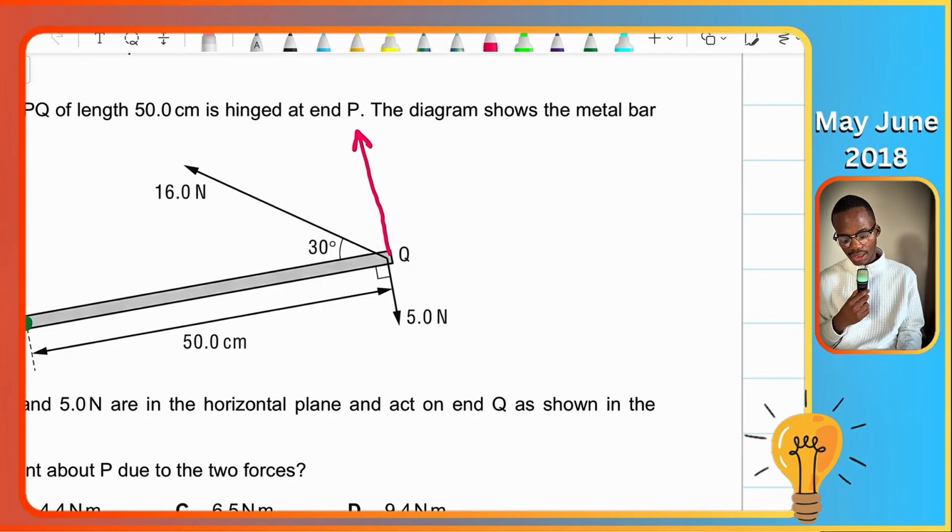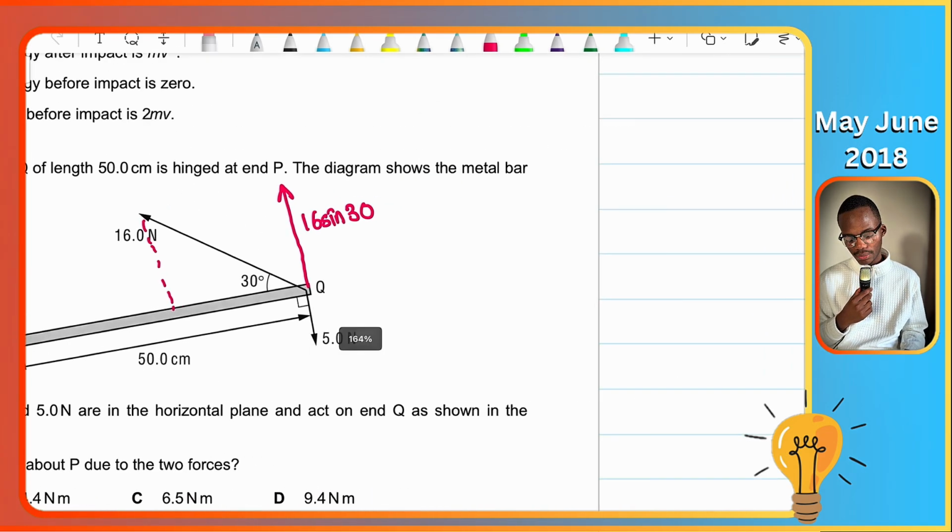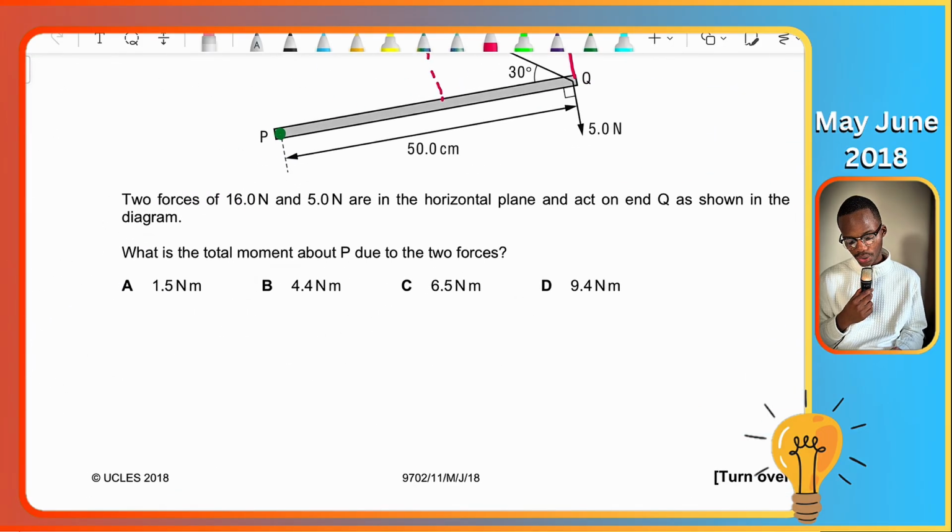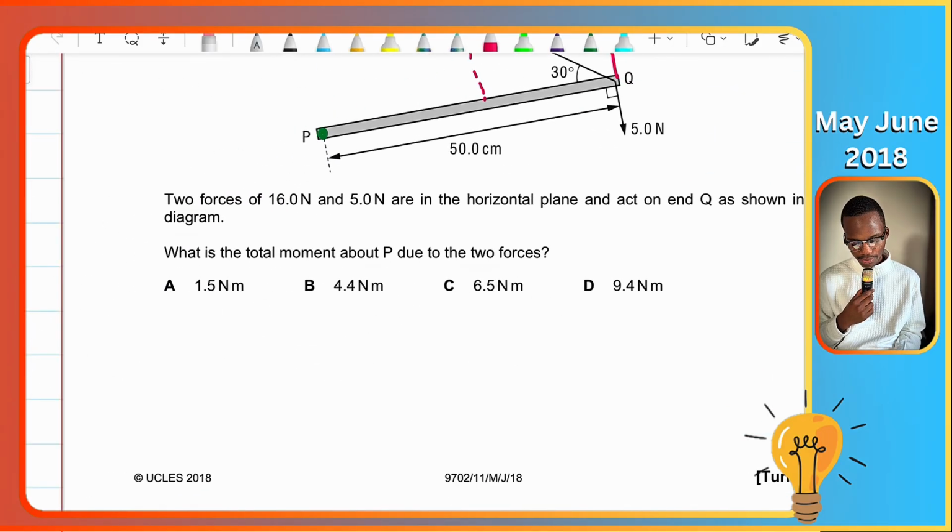So if I do that, remember it's the opposite. So if I have this, it's the opposite to that 30. So opposite over the hypotenuse, you're going to have all of this being 16 sine 30. Okay, so we want to find the total moment, not momentum.